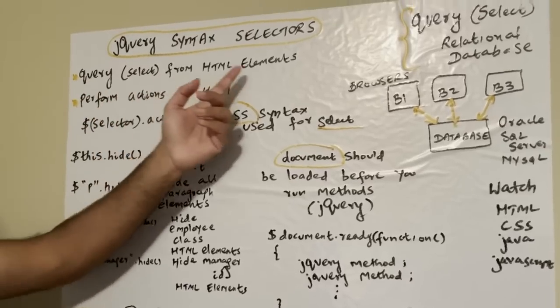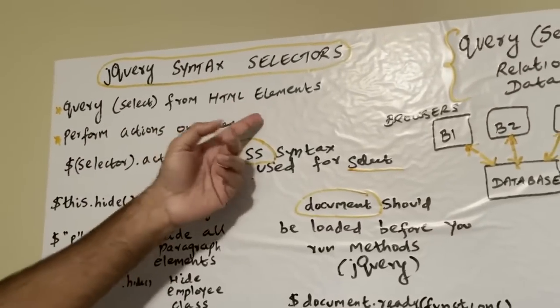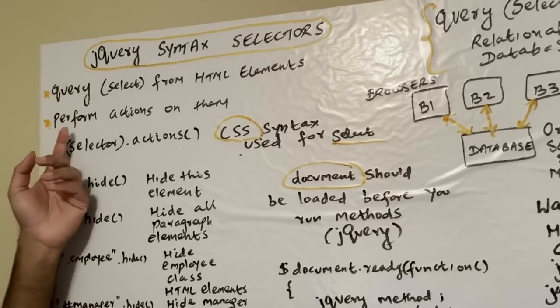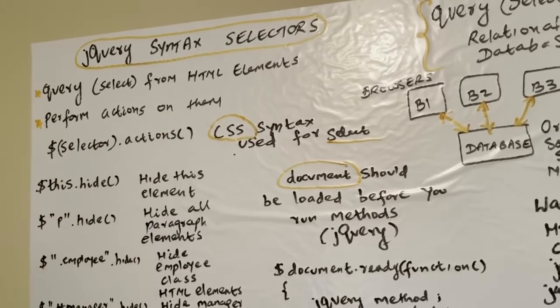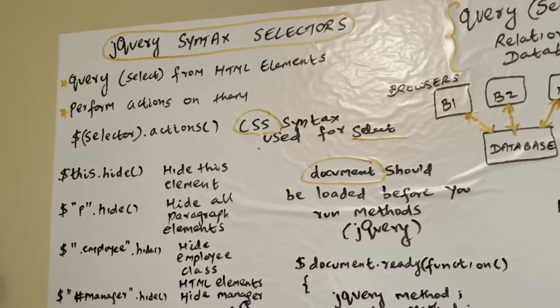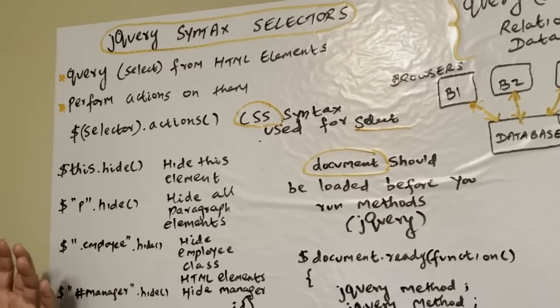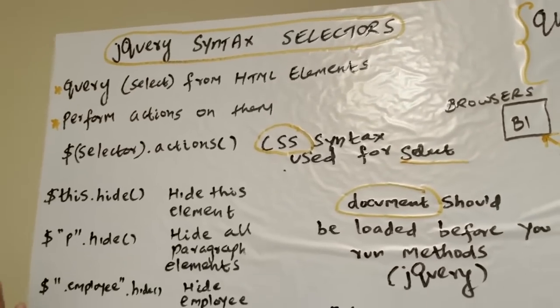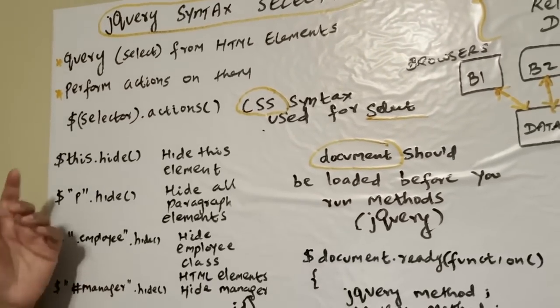Query, select from HTML elements. There are a ton of HTML elements available, and you perform actions on them. What we want to do after we select the elements is some actions on the elements. It depends on the type of the elements we select from.